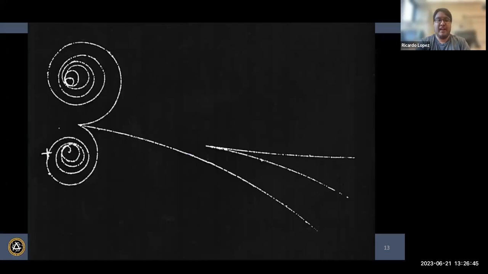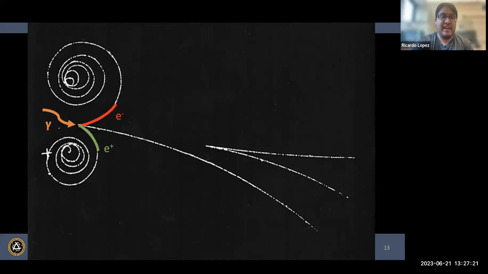Now, here's a pretty famous depiction of a cloud chamber, specifically showing pair production. The way you would visualize this is you have an incoming gamma ray, which then interacts with one of the atoms that happens to be within this particular volume. And via pair production, it produces an electron and positron. What you can't see with your eyes is that a magnetic field is being applied perpendicular to this plane.